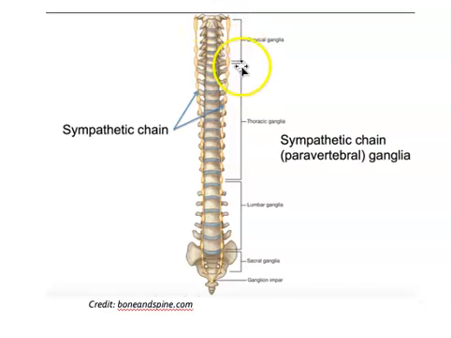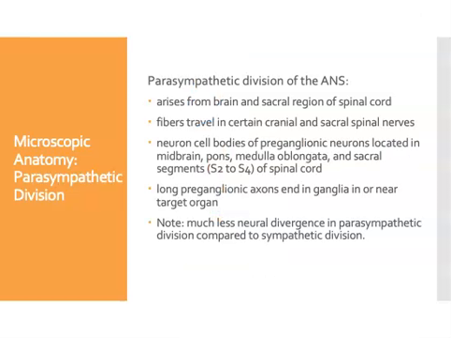And then you can see that there are these ganglia, these beige sort of structures that are located in a chain outside of the vertebral column, but parallel to it. When we talk about sympathetic ganglia, we're specifically talking about those ganglia that are located in the thoracic region and the lumbar region. So that's the sympathetic anatomy.